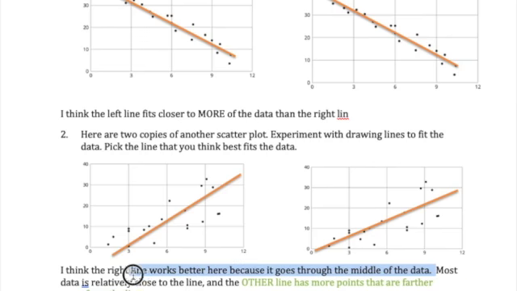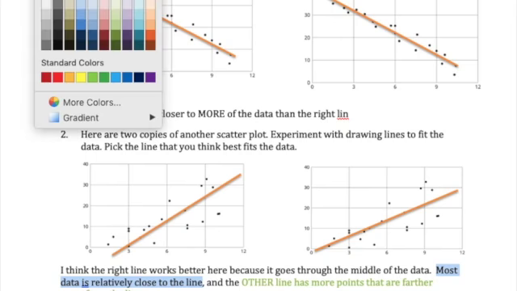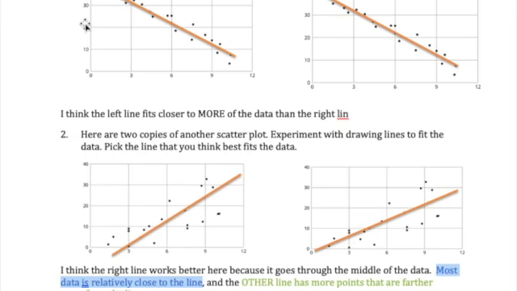If you have a lot of points that are close to the line, a lot of points that are right near or right on top of it, that's also good because that's a lot of data that got predicted really, really well. So that's a good thing to have in your trend lines as well. And I see more of that in my right line. I have 1, 2, 3, 4 points that are extremely close to the line, and I have another 1, 2, 3, 4 that are right next to it.